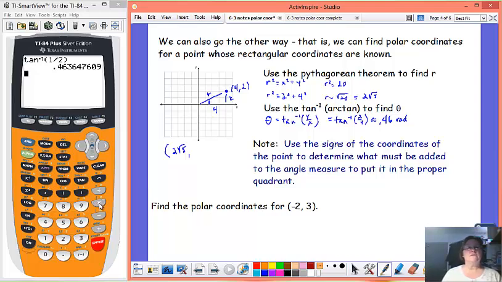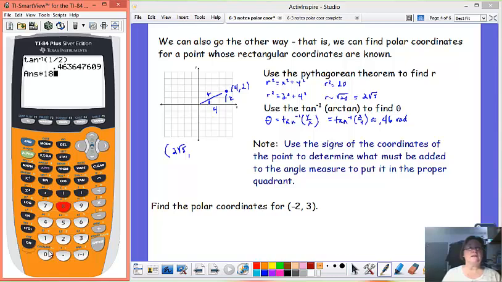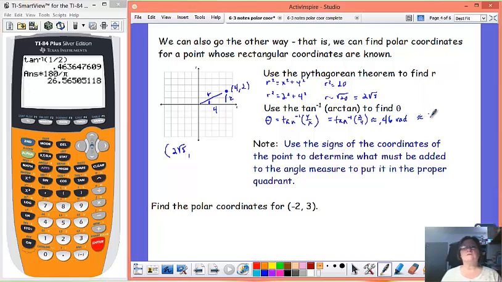So to turn it into degrees, I multiply by 180 divided by pi, and that is about 26.6 degrees. Okay, we were 0.46 in radian measure, or we were 2 radical 5 and 26.6 in degree measure. Both of those names fit.